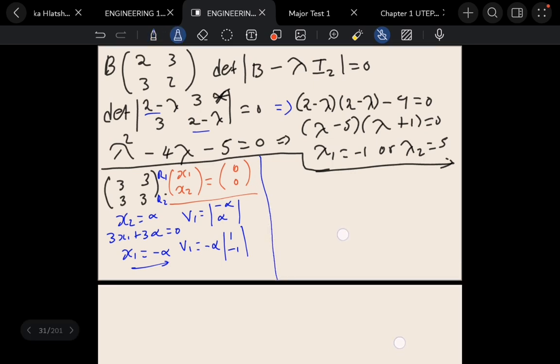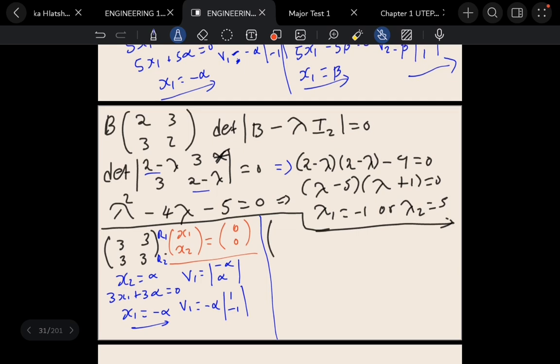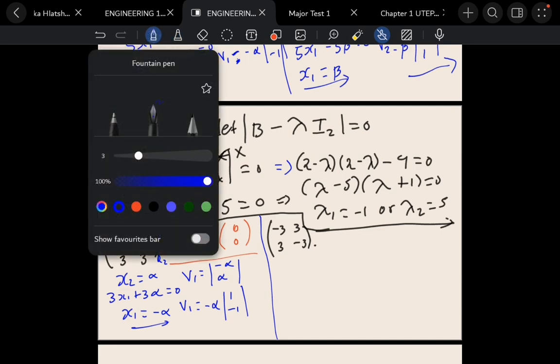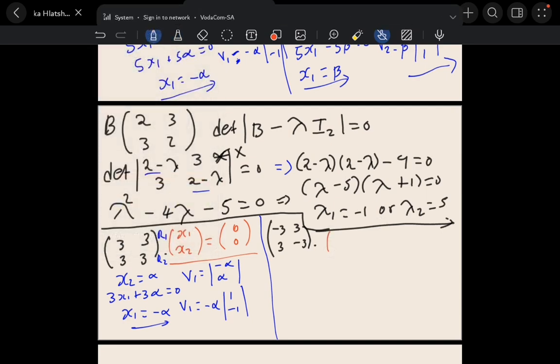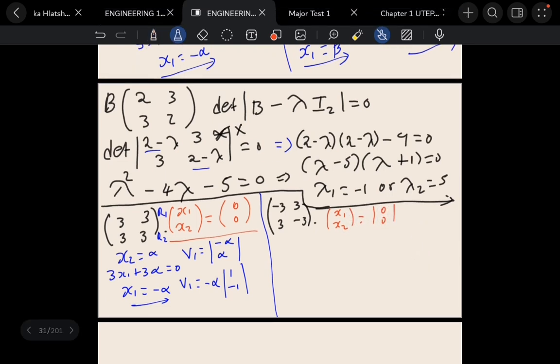And the next thing that you need to do is find the eigenvector for this 5. So substituting 5 into this equation, where you say lambda, I'm going to have negative 3, 3, 3, negative 3, times the standard, which is x1, x2, is equal to 0, 0. Right, now again, you can notice that we have row 1 here, we have row 2.